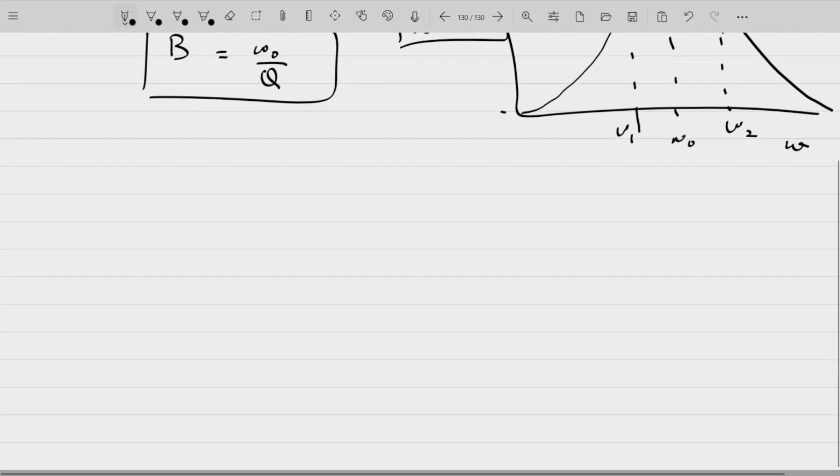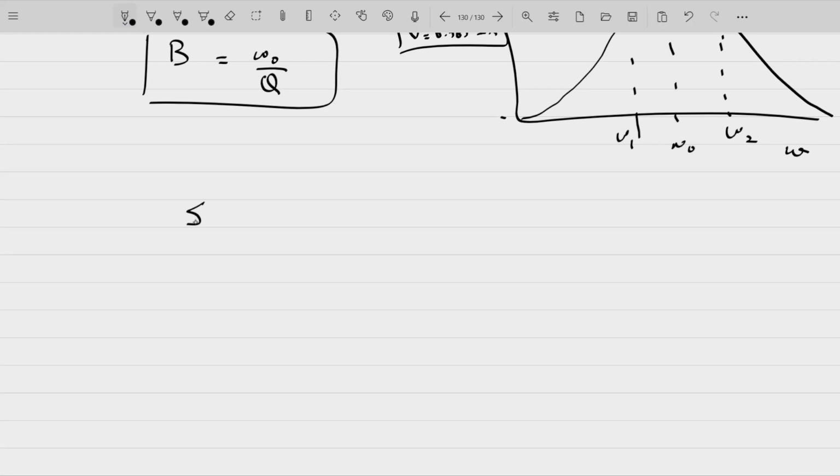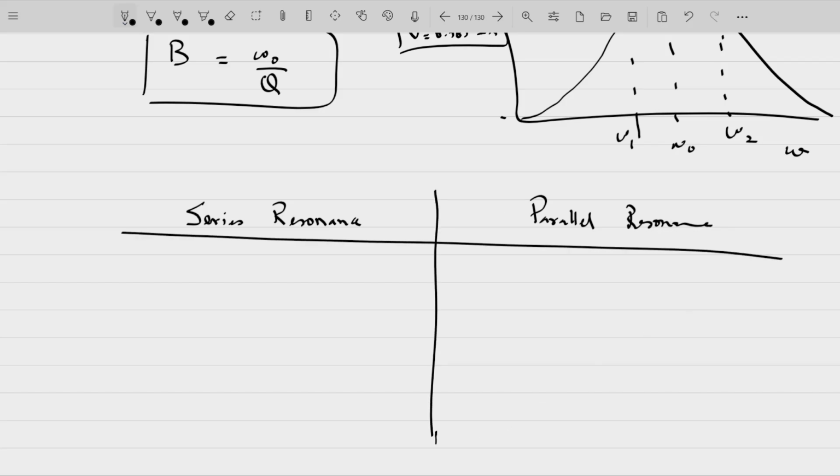So if you were to draw a comparison between series resonance and parallel resonance, the basic definition of both the circuits is same. It actually refers to that particular frequency point where frequency is equal to 1 by under root of LC. ठीक है, and we get the maximum power at the resonant frequency point.